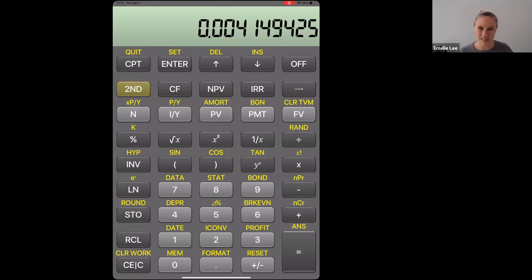But I accidentally did hit the multiplication instead of division. So hopefully you guys get the same thing. I'll do it on here. And see, I do get the same thing. So I'm going to store this in 1.